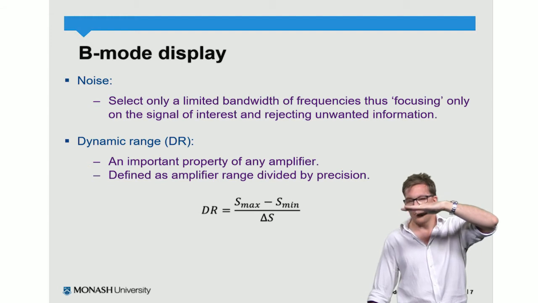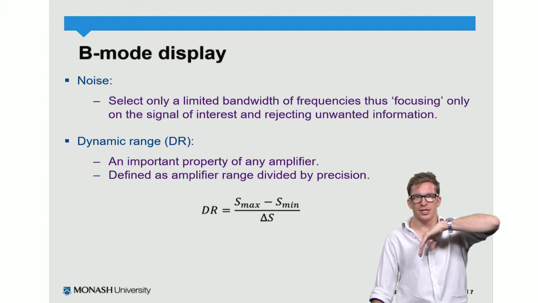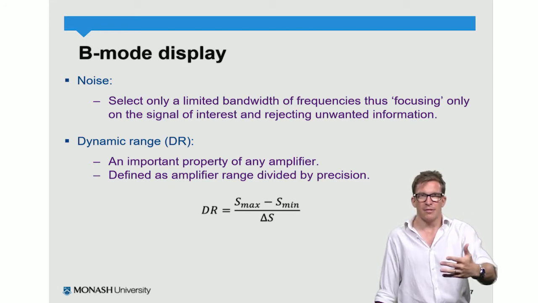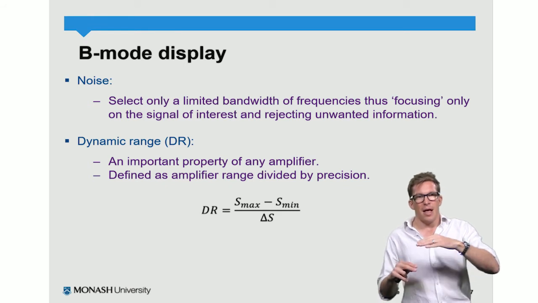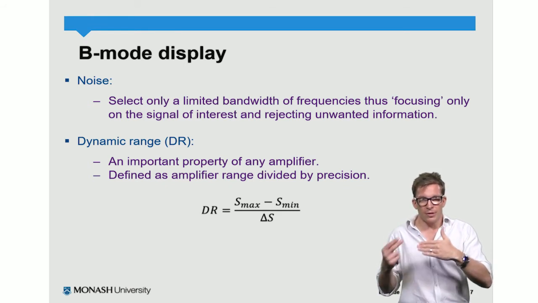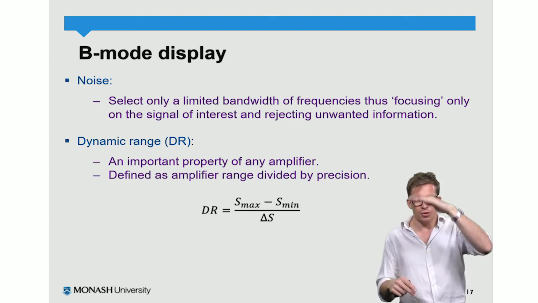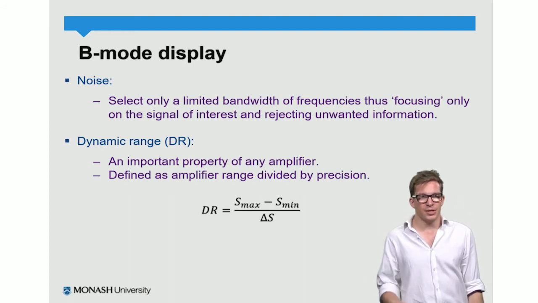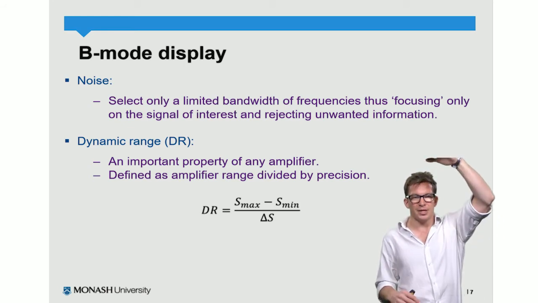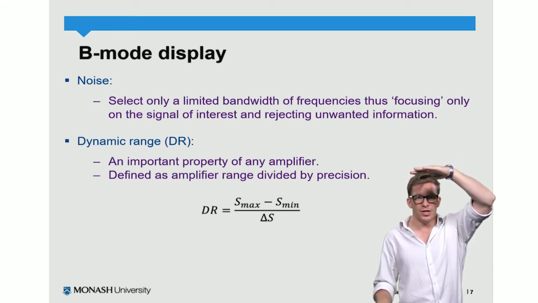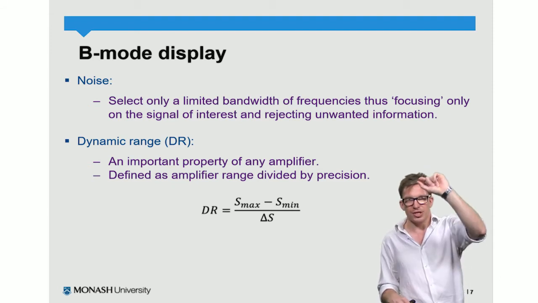So clearly there's no point in our range going to minus 60 degrees, because in the Sahara Desert, we're not in Finland, we're not near the Arctic Circle, we're not going to get temperatures of minus 60. And also we want to go in high enough resolution steps that we get a sensible number. So here we can see both of those factors are included in the dynamic range calculation. So S max minus S min is the range, so that would be the maximum temperature to the minimum temperature, and delta S would be the temperature steps.